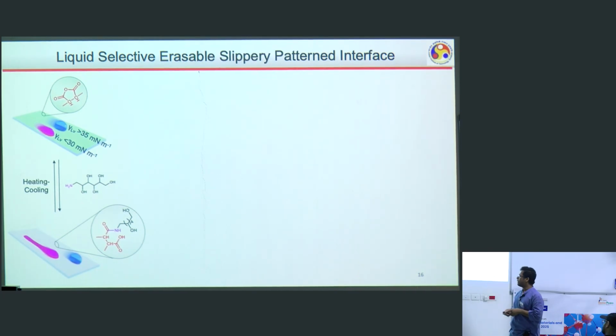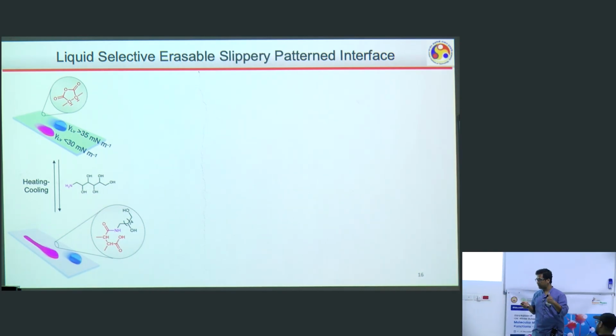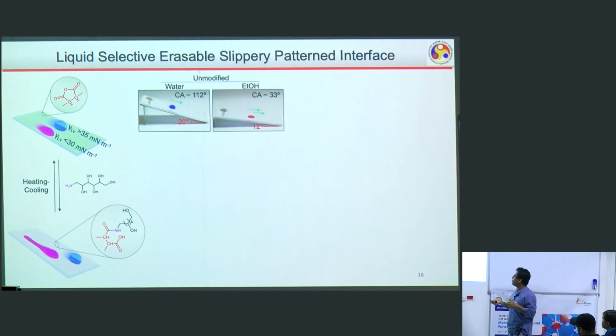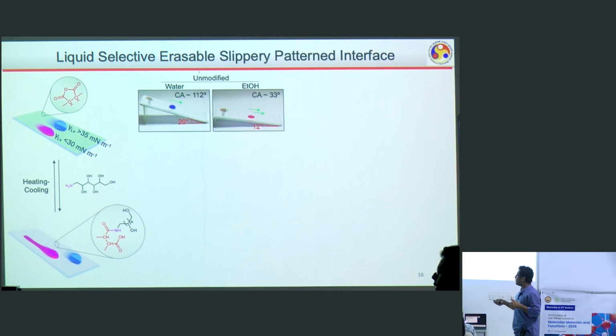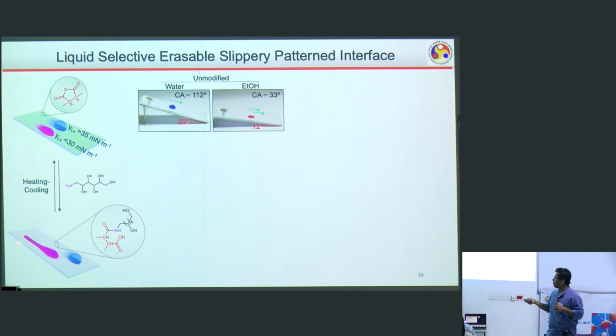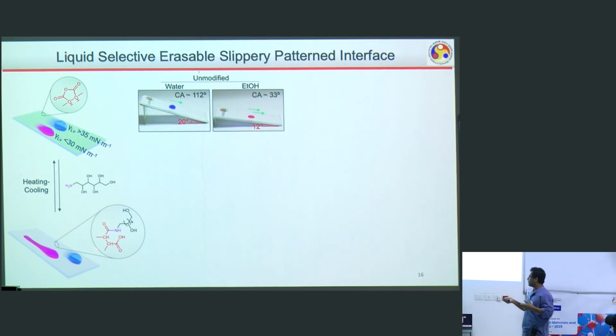Only on the surface, they undergo this chemical reaction and install this hydrophilic domain, precisely changing the surface free energy. Okay, because of that, what happens? It compromises the slippery property selectively against low surface tension liquid, but the high surface tension liquid, that is water or similar sort, can easily keep on sliding off.